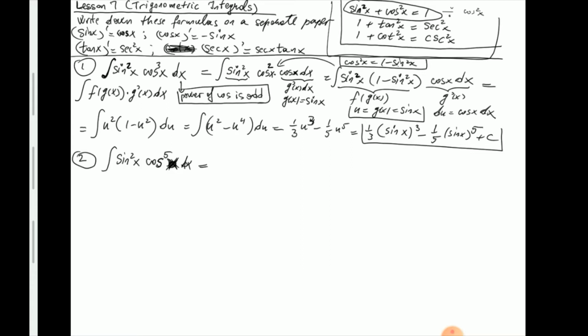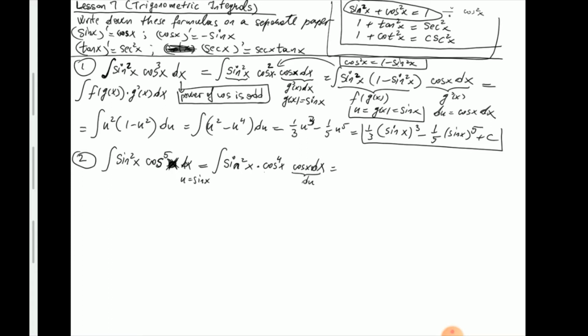The same idea works, right? Again, because the power of cosine is odd, we anticipate the substitution u equals sine of x will eventually work. And to do that substitution, we save a cosine of x separately in anticipation that this will be my du. And the remaining power of cosine is even.